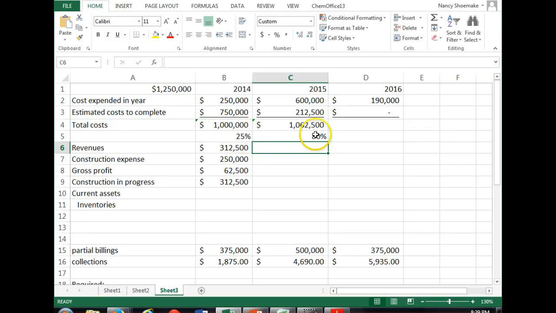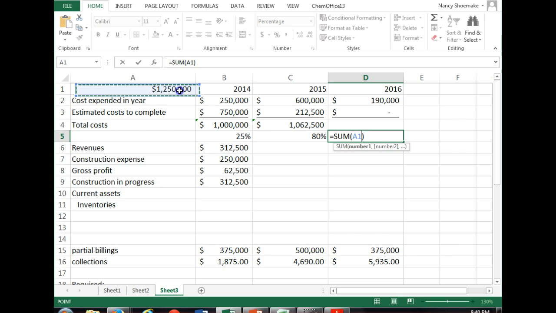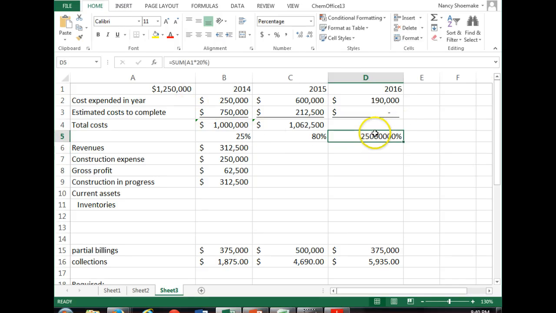So if we know that in 2015 we would have already claimed 80% of the profit, how much do we have left to do in 2016? 20. So if we take this amount times 20%, and what would we subtract from that?